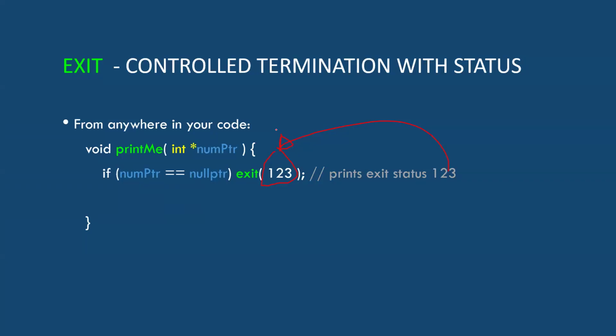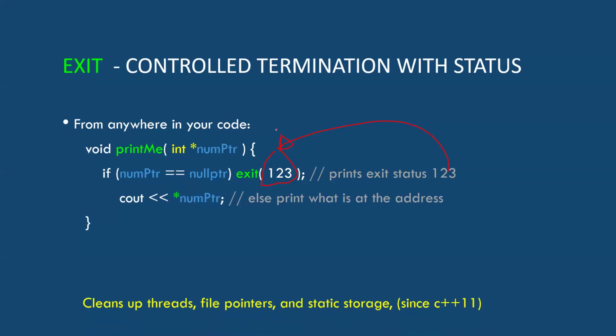Normally we might exit with a value that indicates a positive result to our program, but that's going to give us some clue as to why we erred. Not a very glamorous way to exit the program. It will clean up threads, file pointers, static storage, but it's not going to trigger our destructors.